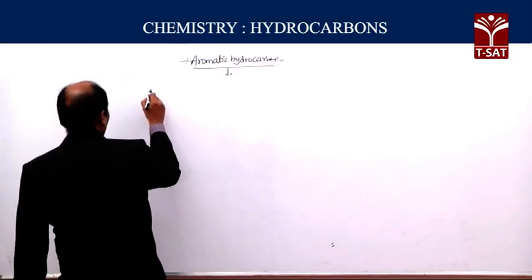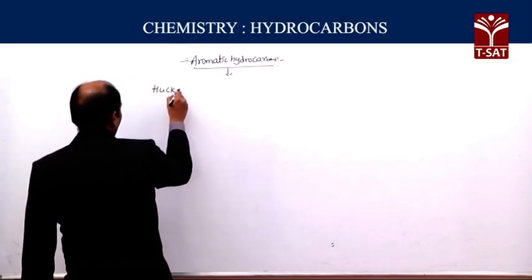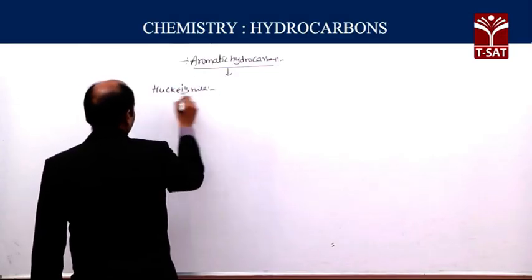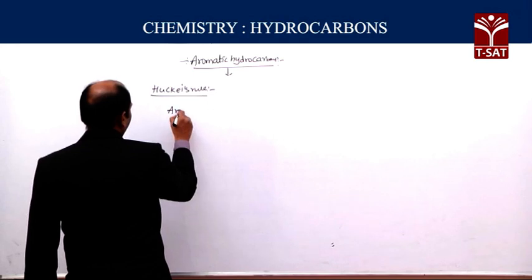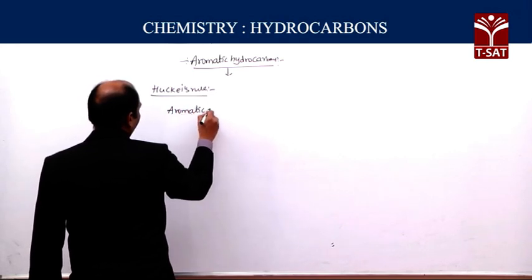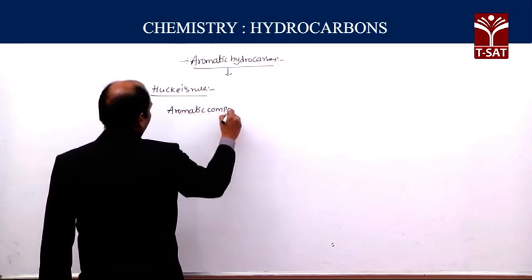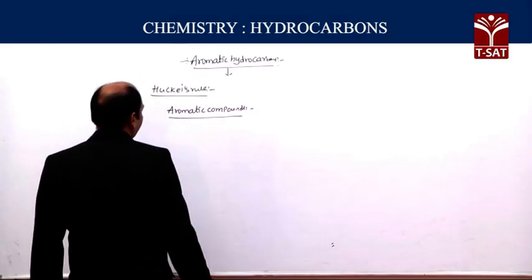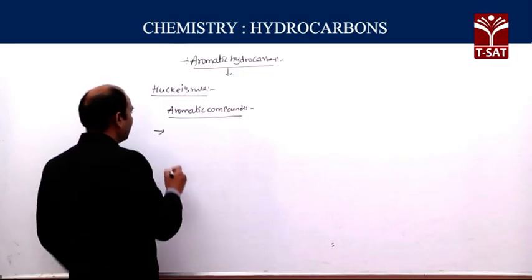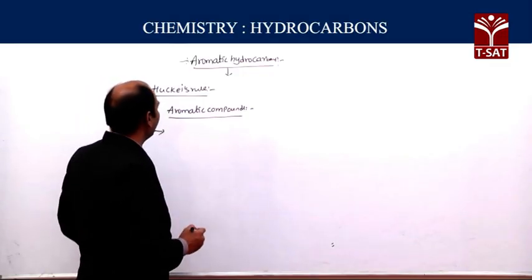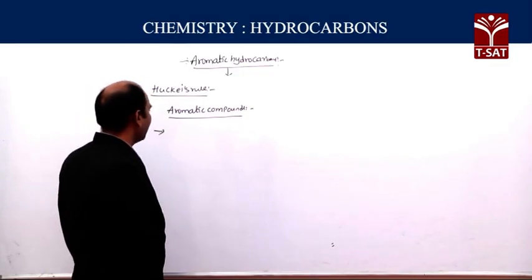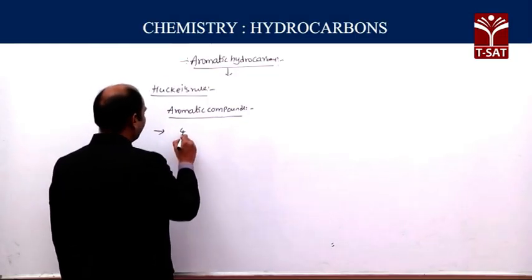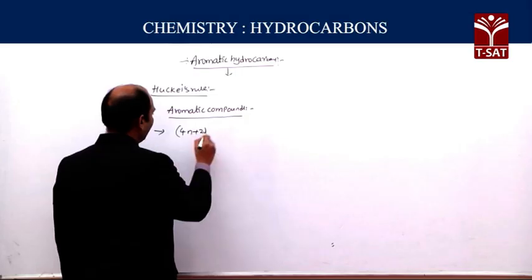Which compounds are called aromatic compounds? According to Huckel's rule, compounds that obey the following rules are called aromatic compounds. The compound must contain 4n plus 2 pi electrons.